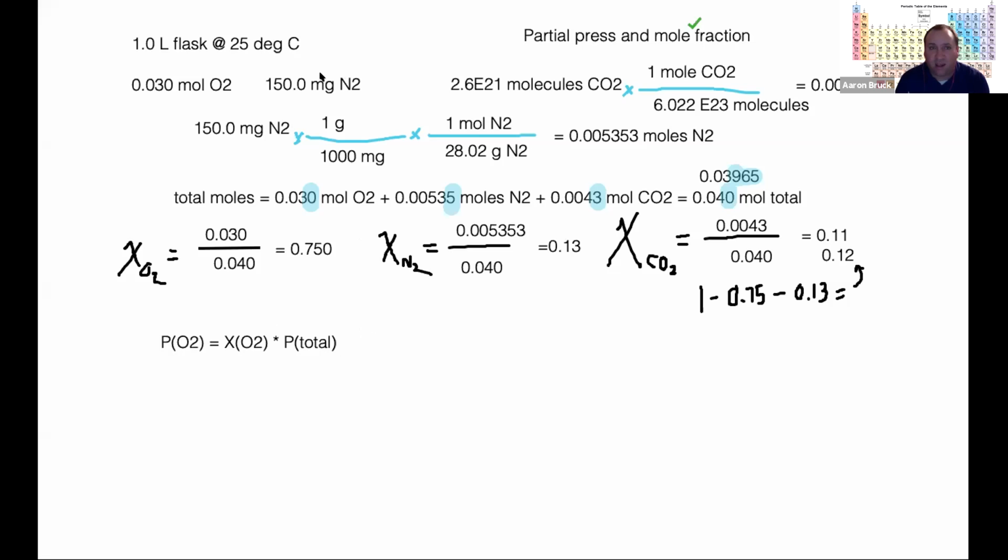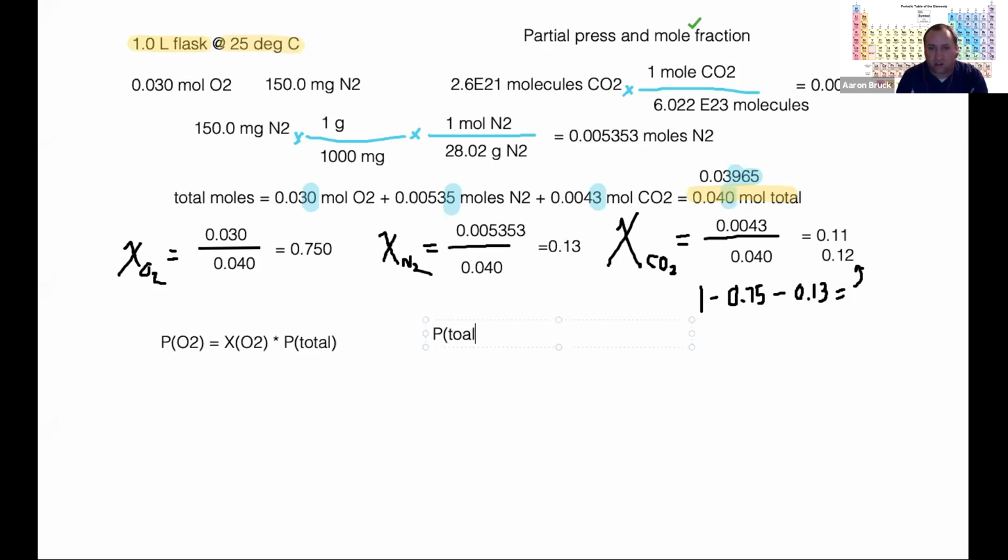But what I can do is I can take advantage of the fact that I have a certain number of moles of gas at a certain volume and a certain temperature. And if I have any three of the four parameters, I can use the ideal gas law to solve for the other.